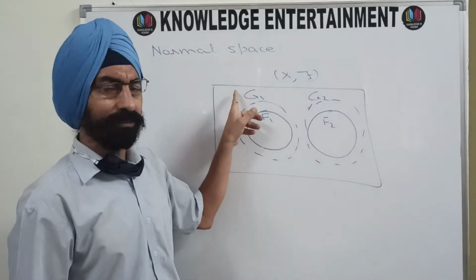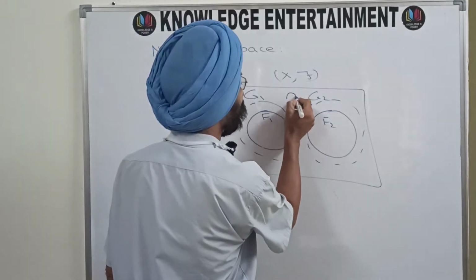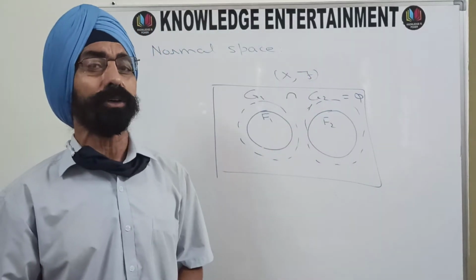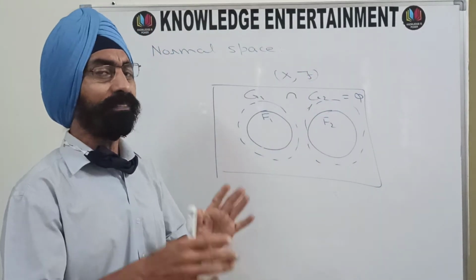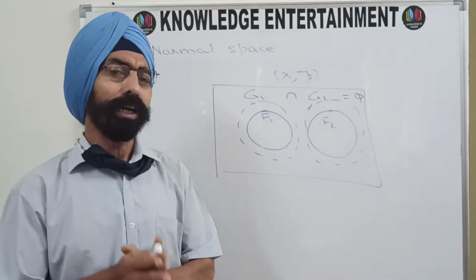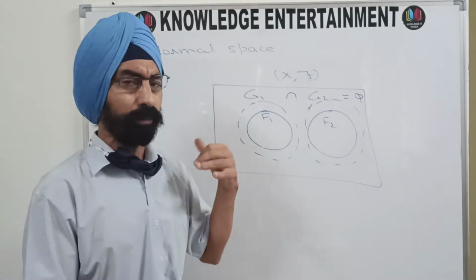F1 is contained in G1, F2 is contained in G2, and one thing is clear, that G1 intersection G2 is phi. Why? Because G1 and G2 are disjoint open sets. So if for any two closed sets F1 and F2, you are able to find two disjoint open sets G1 and G2 containing them, the space will become normal.